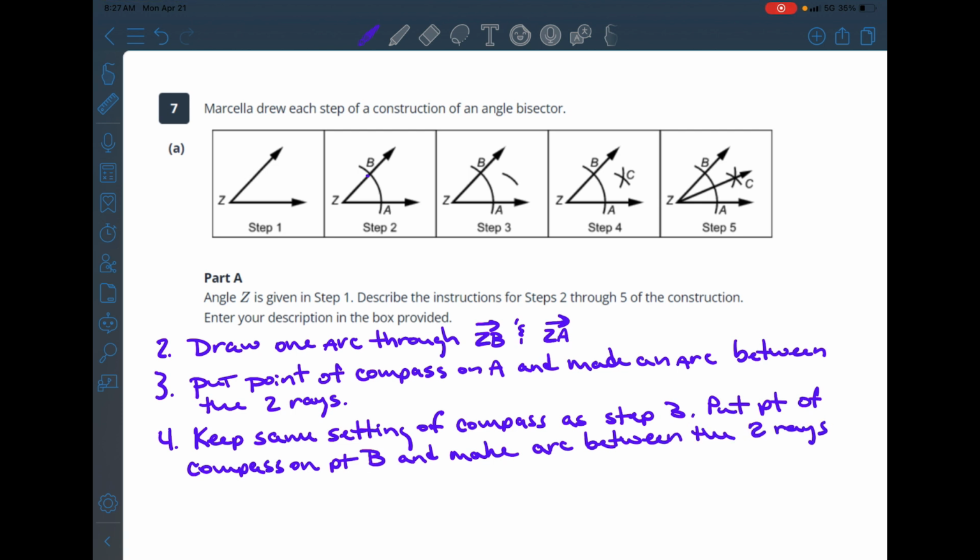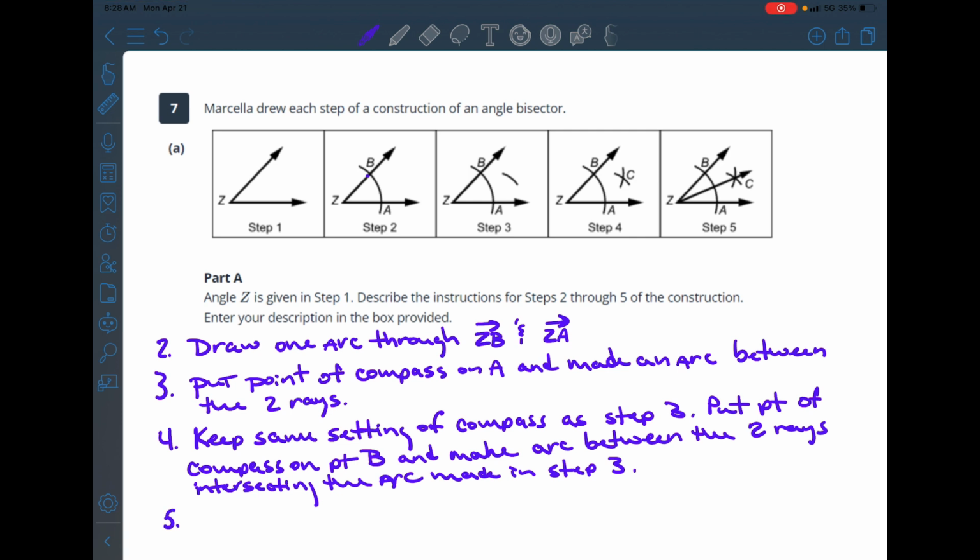But we want to make sure that we're doing it in the right spot. So we'll say intersecting the ray, or I'm sorry, the arc made in step 3. I know this is a lot of words, but guys, it'll be okay. It's not going to hurt you.